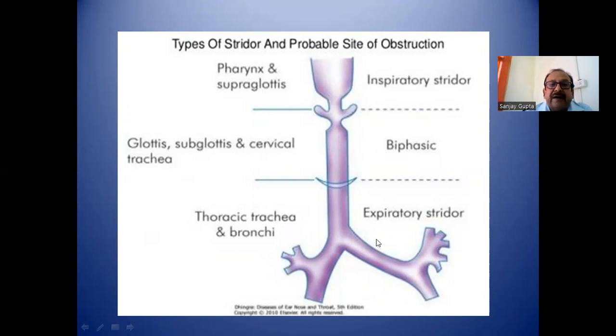The expiratory stridor is due to narrowing in the thoracic trachea and the bronchi. The biphasic stridor is due to narrowing in the glottic area, subglottic area, or the cervical trachea. Now, this is how, depending on the site of narrowing, the stridor can be classified as inspiratory, biphasic, and expiratory.